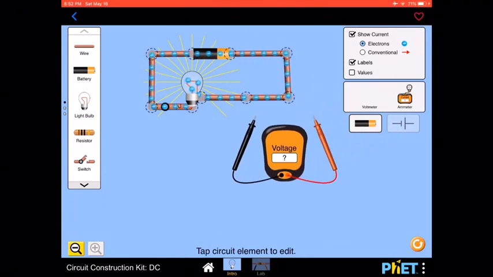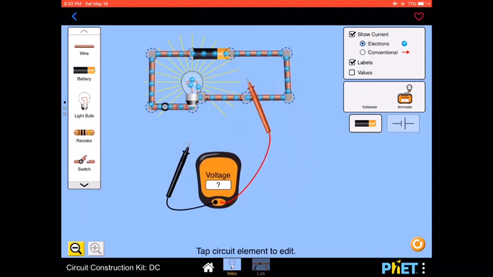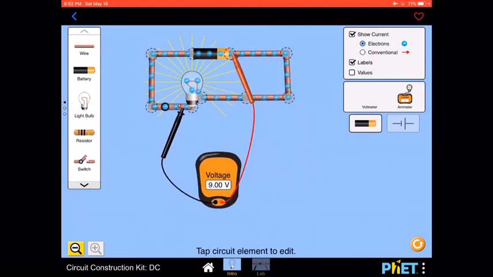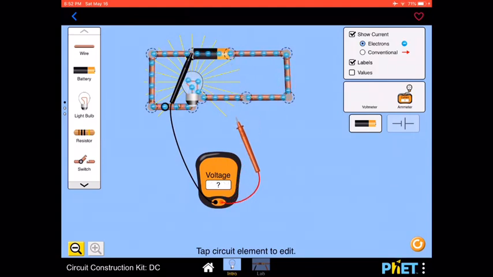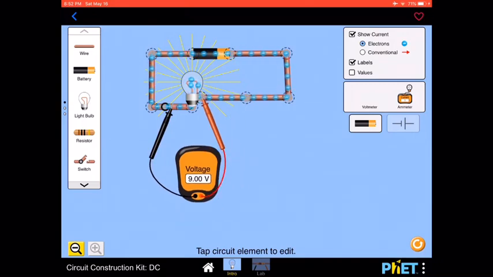But let's say I want to see the voltage of this battery. The voltage is 9 volts. Now I want to know the voltage across my resistor, so I can put it here and there, and what do you see?